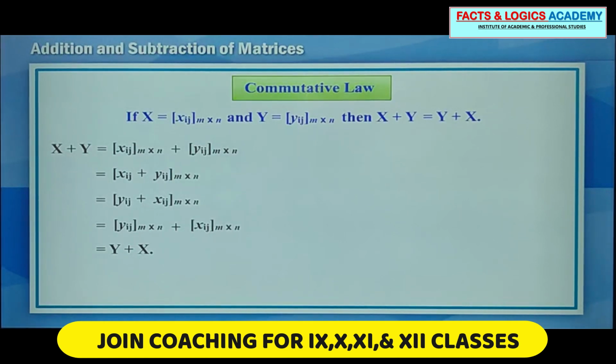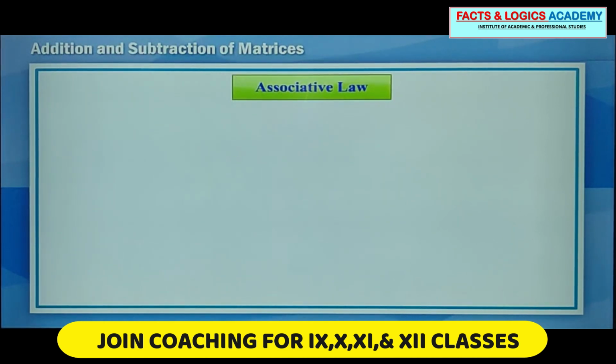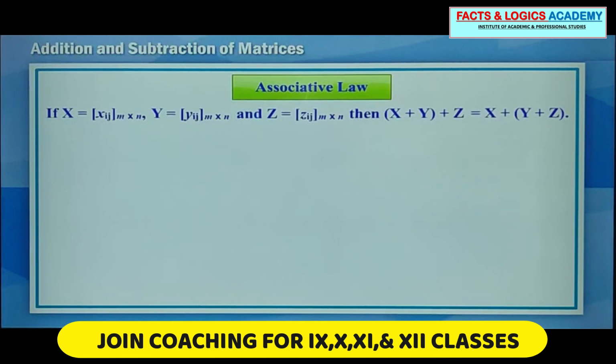Now, let's look at the associative law. If the matrices X, Y, and Z are of the same order M by N, then (X plus Y) plus Z is equal to X plus (Y plus Z).